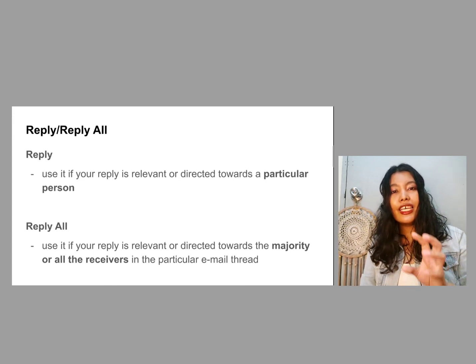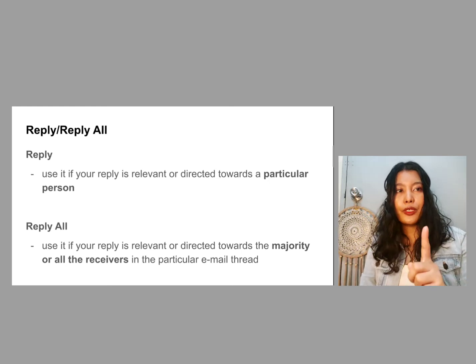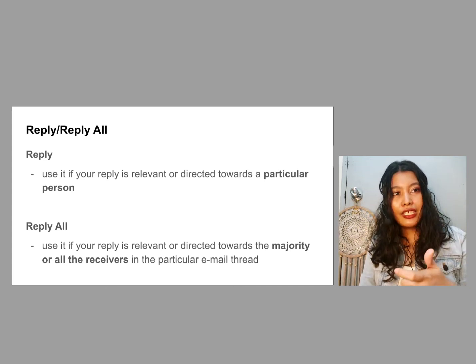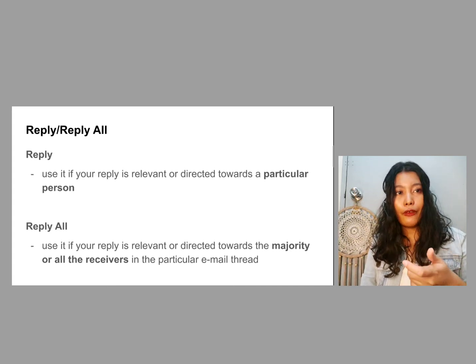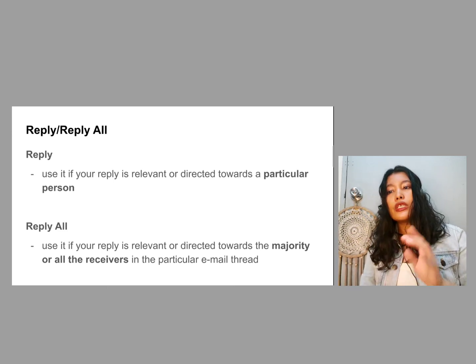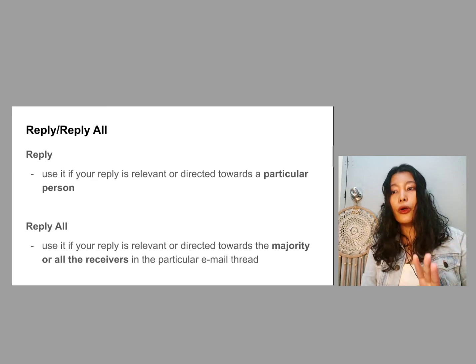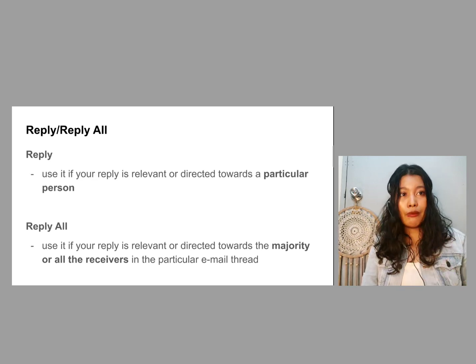If that reply is relevant to one person. Alright? It's very important to make sure what your intended message is and who is the intended recipient of your message. Reply all is you use it if your reply is relevant or directed towards the majority of or all the recipients in the particular email thread.